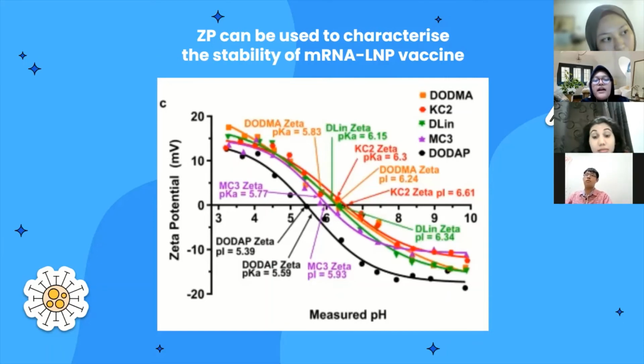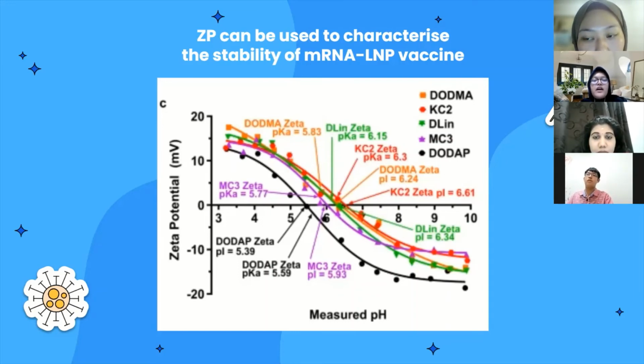The pI is 5.39, as you can see here, the black one. But we cannot use the pH at the pI for the medium to measure zeta potential, because at that point our nanoparticle doesn't have any charge, so we cannot run any measurement.